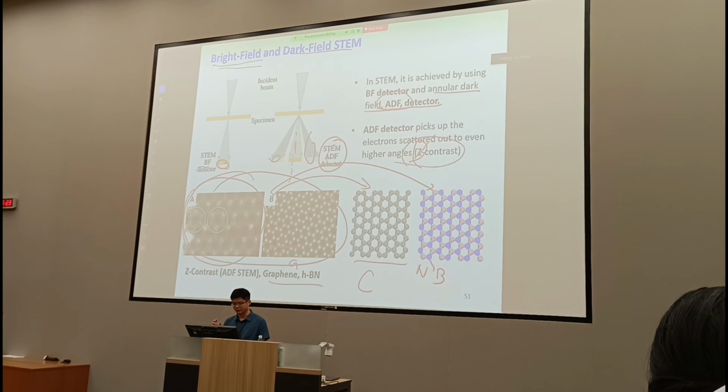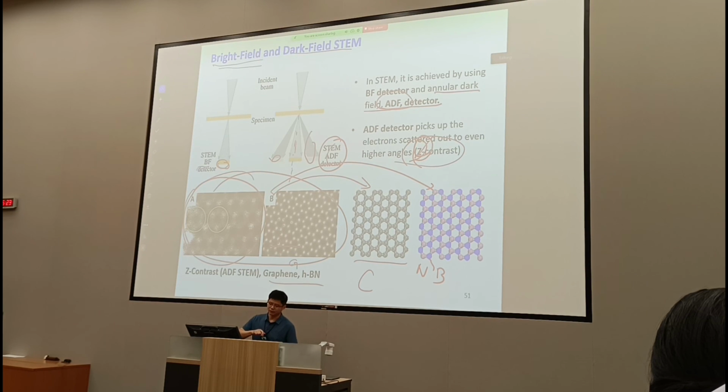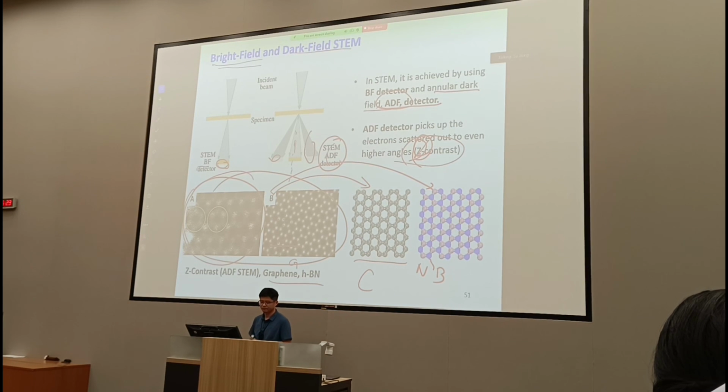They have different atomic number, Z, right? The nitrogen should produce a brighter contrast in this ADF STEM mode, right? While in this one, if all are carbon, you see that the contrast of each site is very similar, right? And no difference in the Z. Okay?